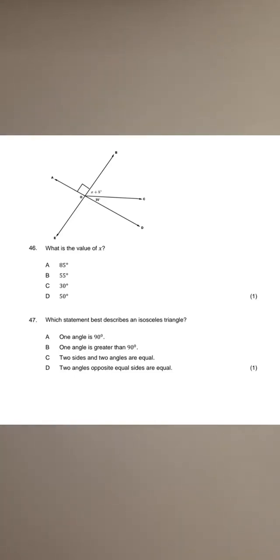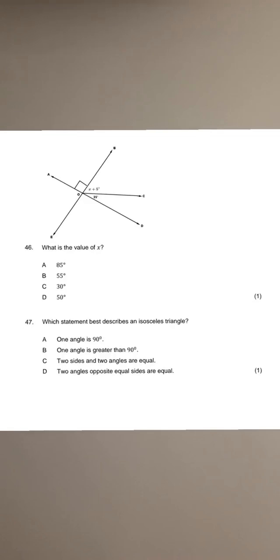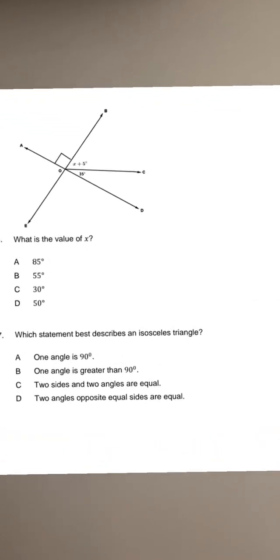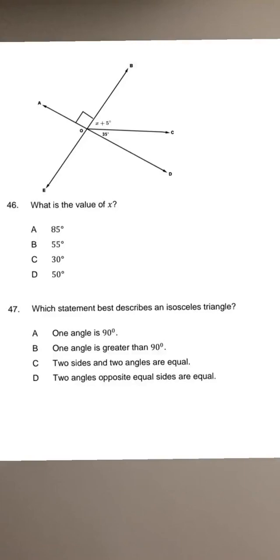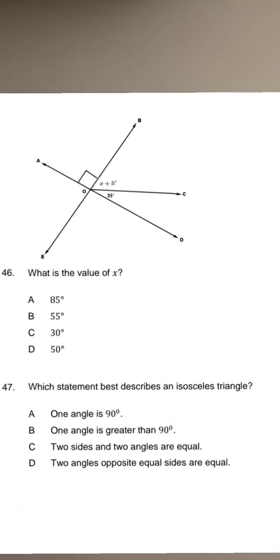So we're looking at question 46 there on your screen, and the question is, what is the value of x? I want to bring the diagram a bit closer, so hopefully you guys can see it.